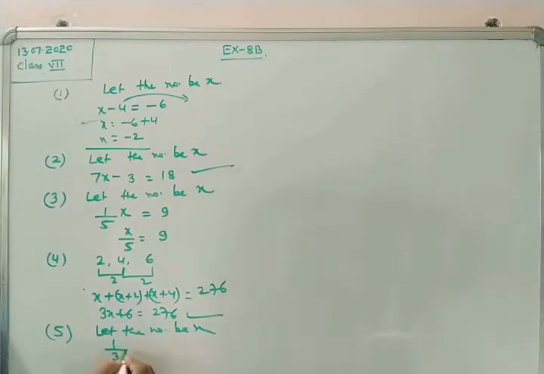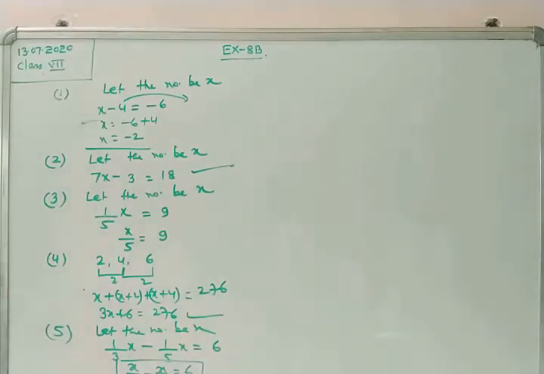So 1 by 3 into x minus 1 by 5 into x equals 6. That means x by 3 minus x by 5 equal to 6. This one you can solve. Yes, by taking up the LCMs you can do.